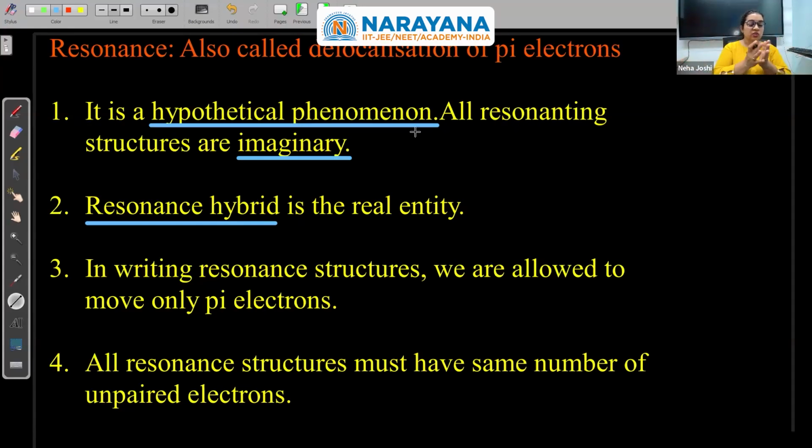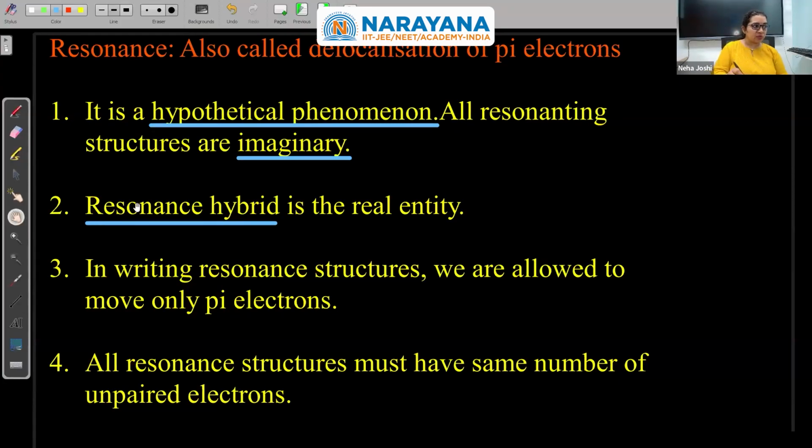All resonating structures coming together will give you the resonance hybrid. In writing resonance structures, we are allowed to move only pi electrons, not the sigma electrons, not the atoms.